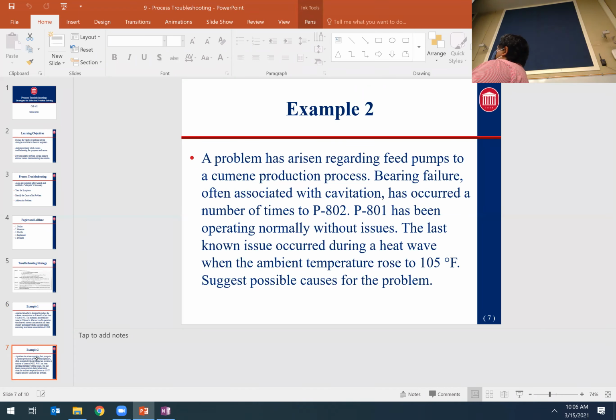And we notice that the last known issue occurred during a heat wave when the ambient temperature rose to 105 Fahrenheit. Suggest possible causes for the problem. So I'll let you guys write that down, and then I want you to think about some ways in which we can take a look at this.